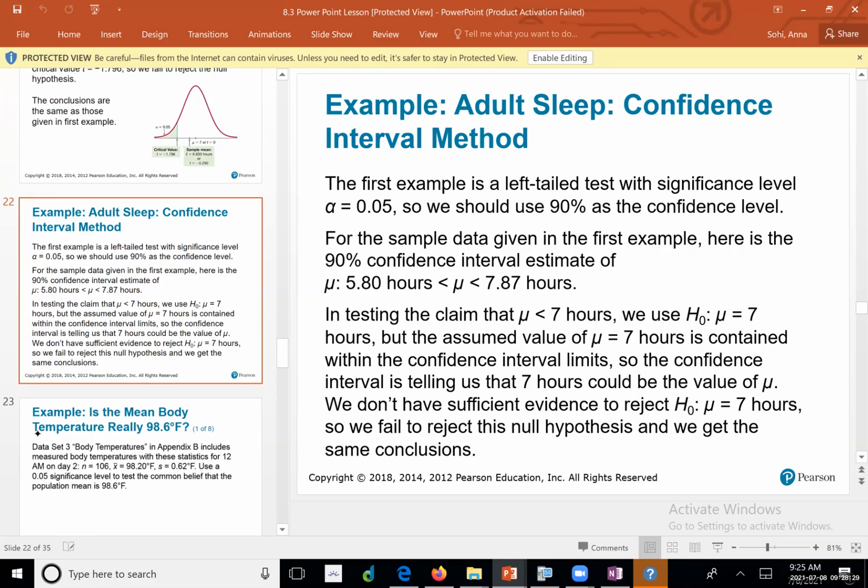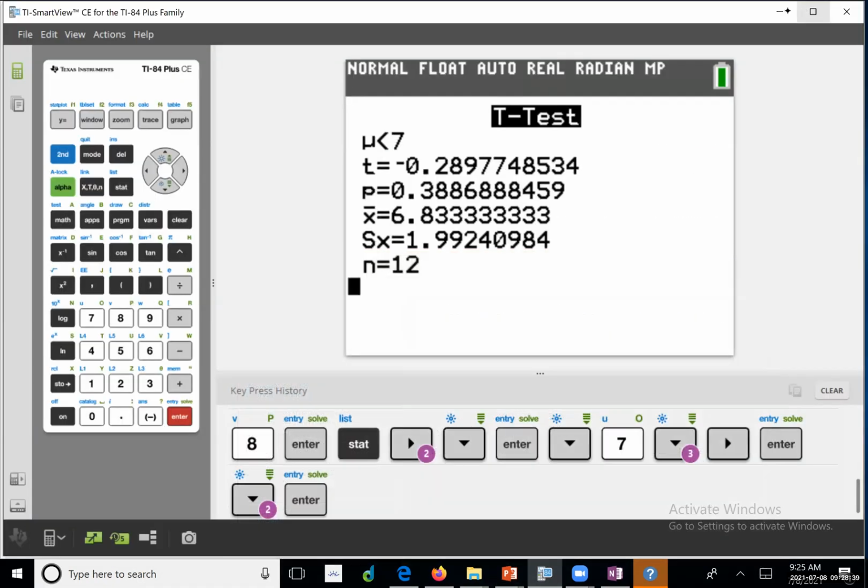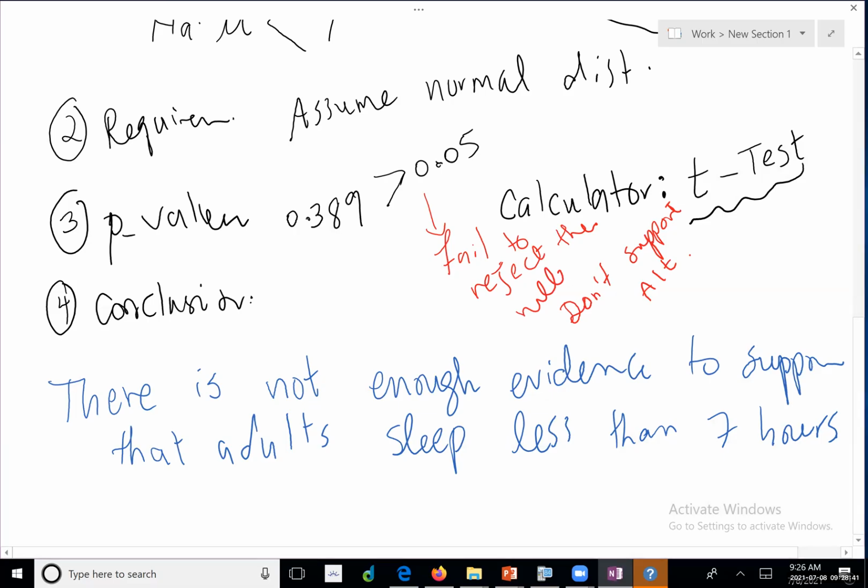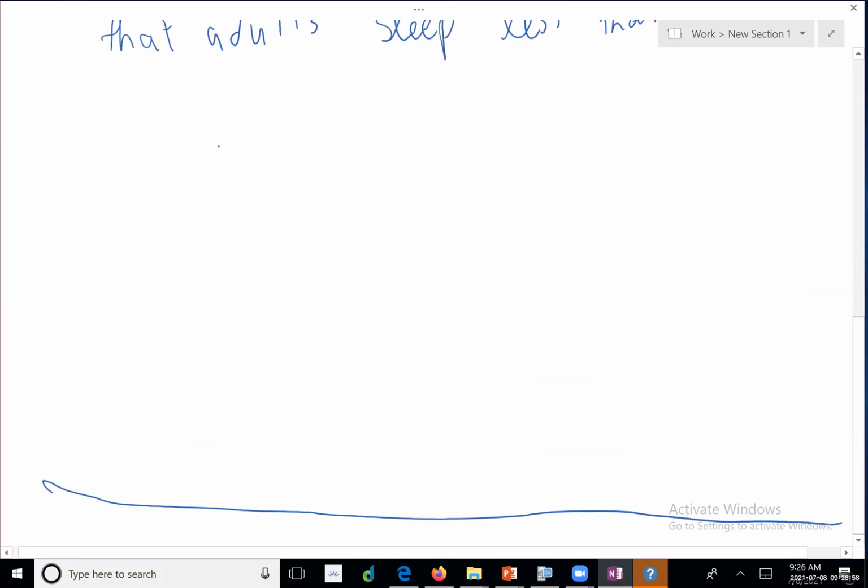If you see a left tail or right tail test, so in this case, let's go to OneNote. If you were thinking of left tail or right tail, which one would that have been? Mu is less than 7. If you remember, I gave you the definition of right tail and left tail last time.